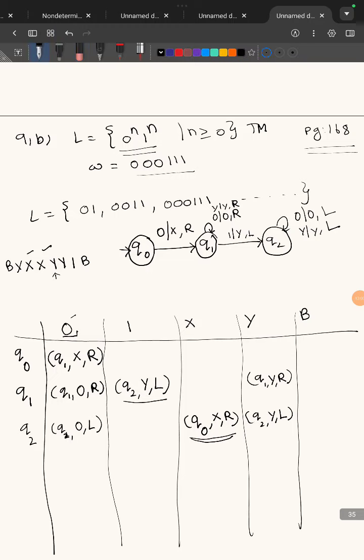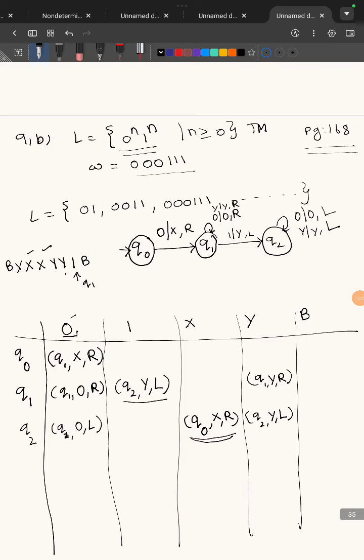So here will be your Q1. Q1Y, what we will do? We will keep on moving towards the right until and unless we are finding the 1. So basically it will come to this Y, then it will come to this one. Okay, so we are in the state Q1. What we will do?